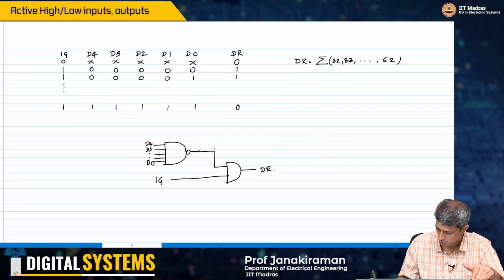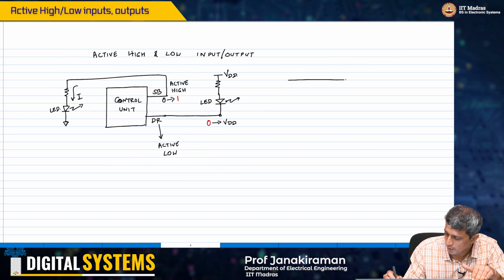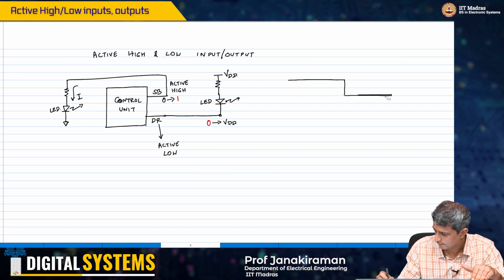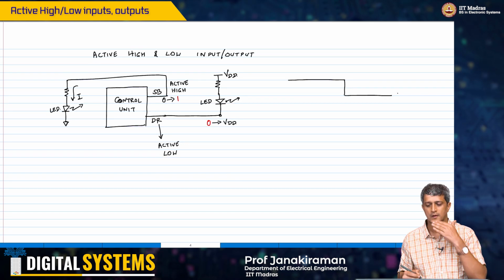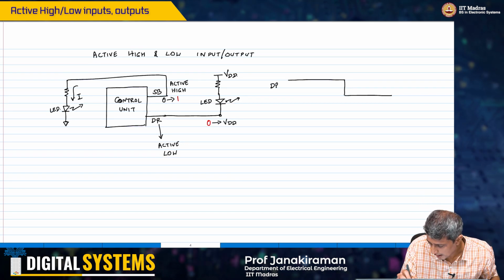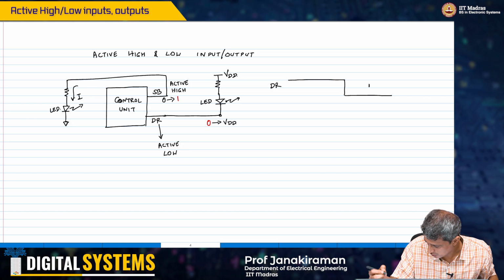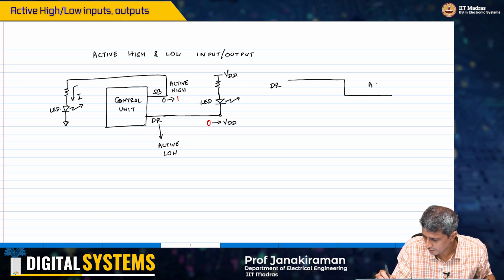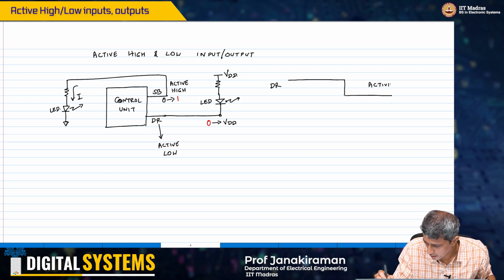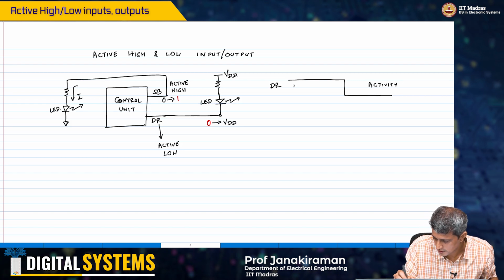So the DR will be 1 and then it will be 0. This is how DR looks, and this is where the activity is, and this is no activity.